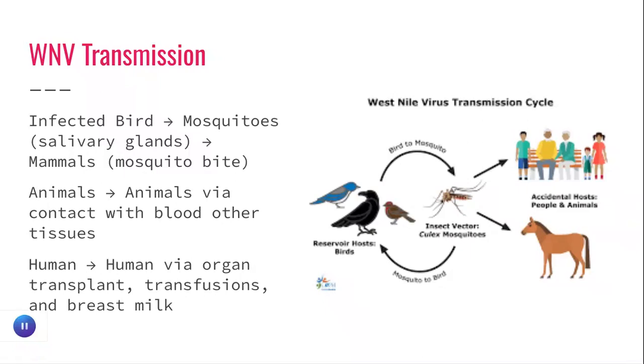Now, for animal-to-animal transmission, animals or humans would have to come in contact with infected blood or tissues. And for human-to-human transmission, humans will have to come in contact with or be exposed through organ transplant, transfusions, and breast milk of the infected type.